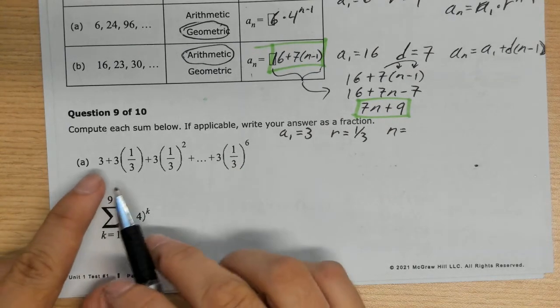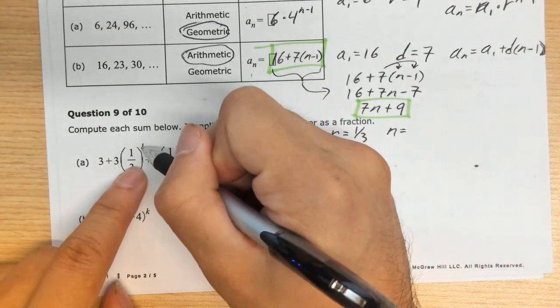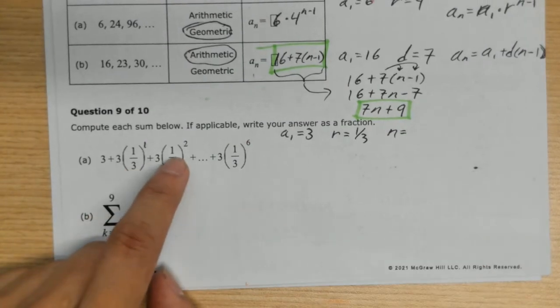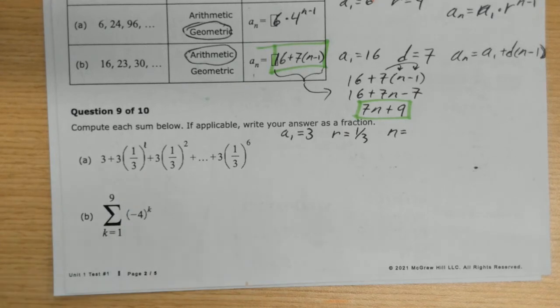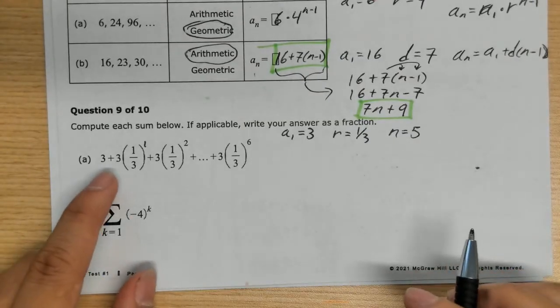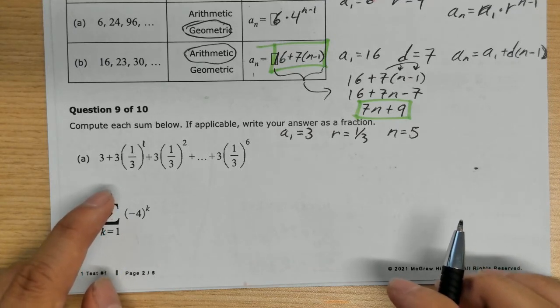There's no 1/3 in the first. The second is 1/3 to the first, then the third is raised to the second. Oh wait, no, you guys were actually right. It's up to the 5th term, because the exponent multiplies by 2 every time. I'm sorry guys, you were right. It's the 5th term.